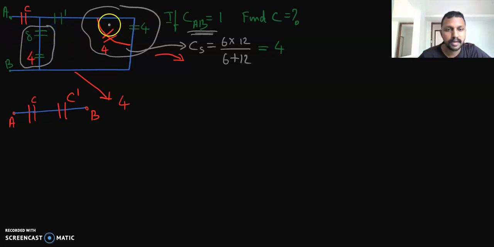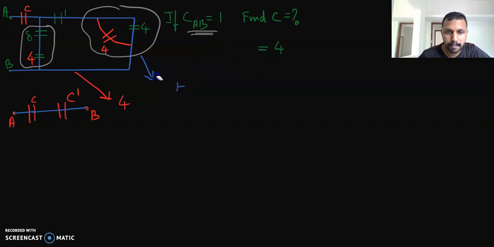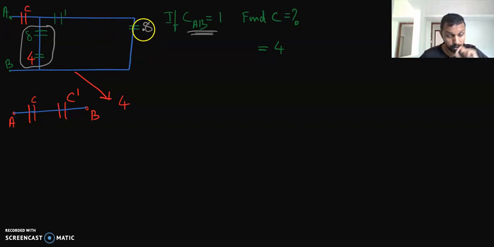If they are parallel, we can add them up: 4 and 4 in parallel means 8 farad. Therefore let me delete all these and instead of these 4 I'm writing an 8 farad.